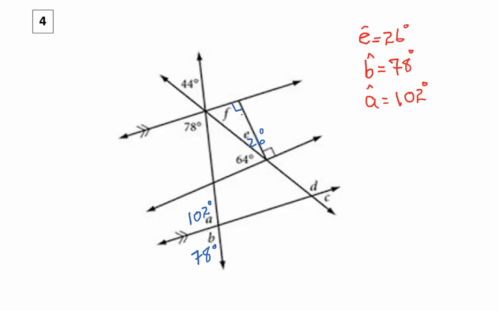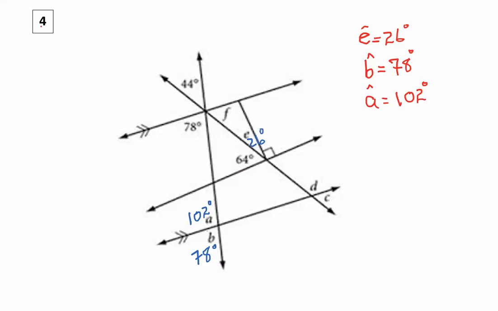Do not confuse it, because these two lines here and here are not parallel. They are not parallel at all, because we don't have the arrows on this line over there. So please don't get confused with that.